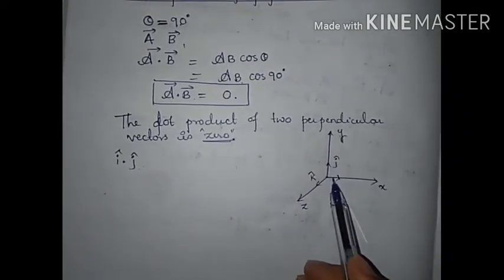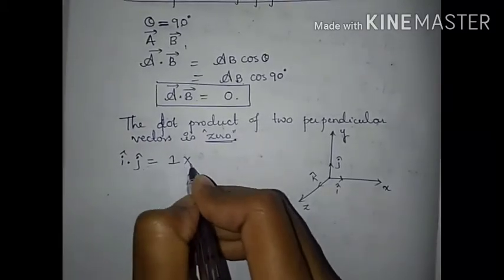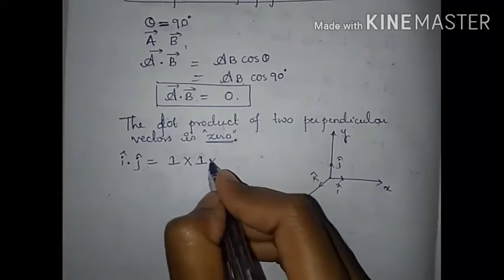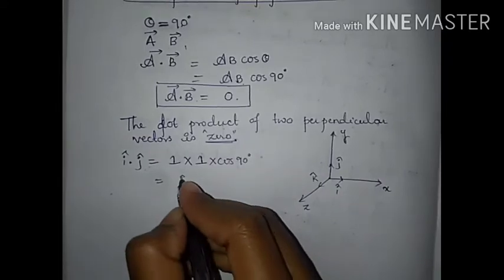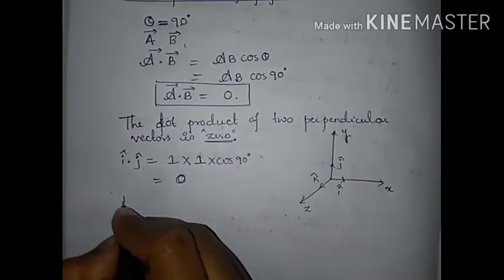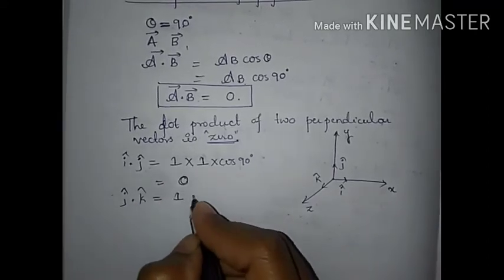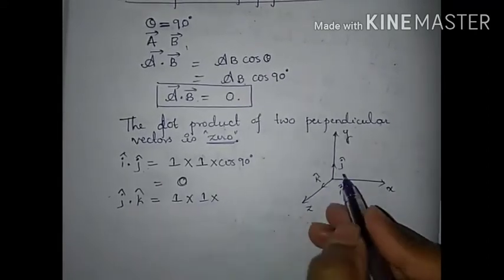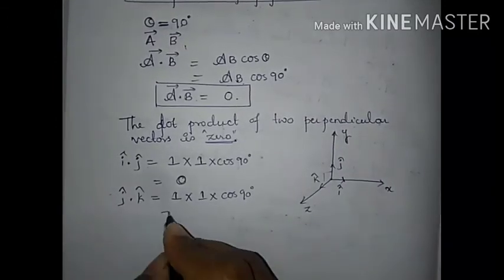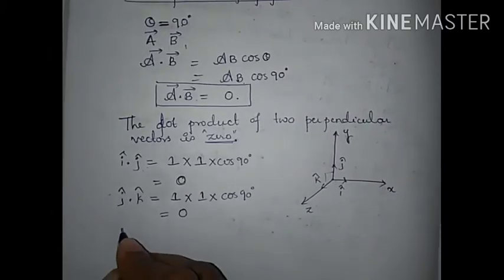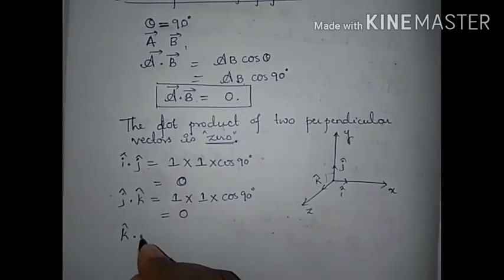The angle between i and j is 90 degrees. So that means magnitude of i is 1, magnitude of j is 1, multiplied by cos 90 degree. Cos 90 is 0. So the answer is 0. Now if you take j dot k, again the magnitude of j is 1, magnitude of k is 1 and the angle between j and k is again 90 degree. So the answer is 0. And let us take k dot i.